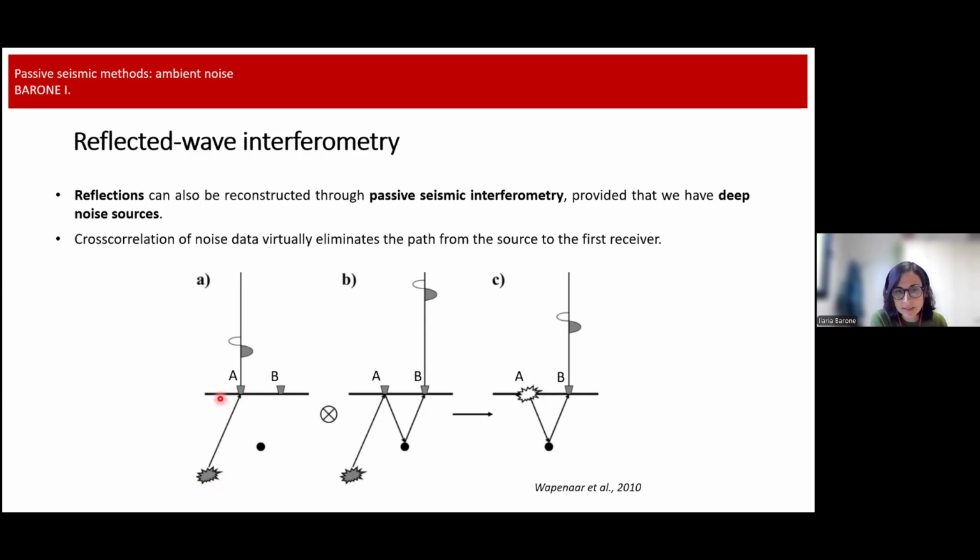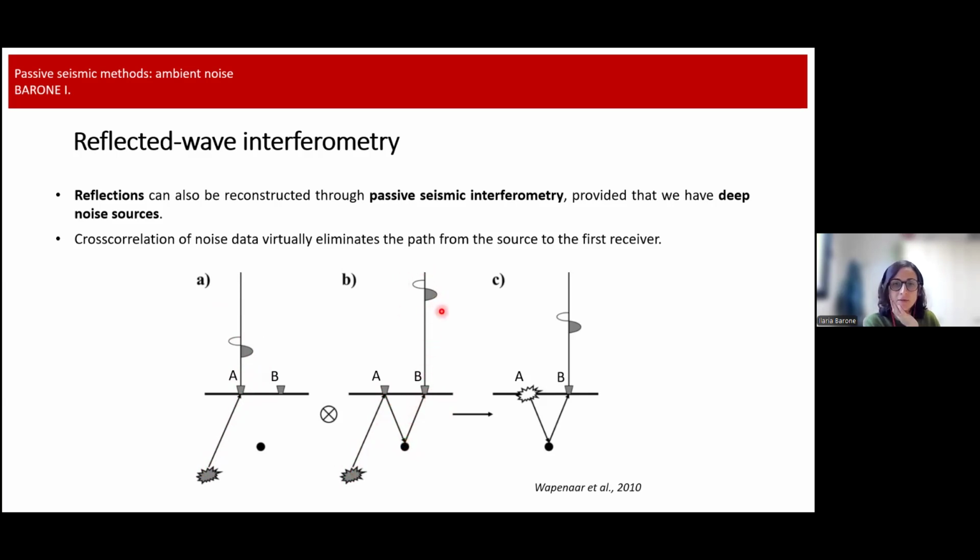So let's take this example. We have two stations, A and B. We have a source in the subsurface, and the signal that we record in A is this one. Then we also have a scatterer, which is this point here, that can reflect back the energy to the surface. So in B, what we register is the effect of the wave propagating from the source to A, down to the reflector, to the scatterer, and back to the surface.